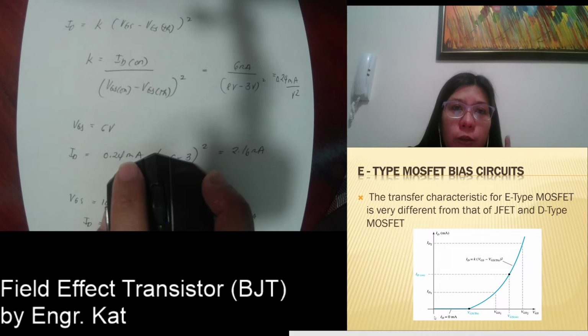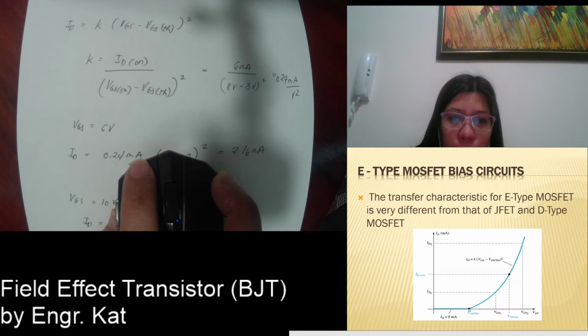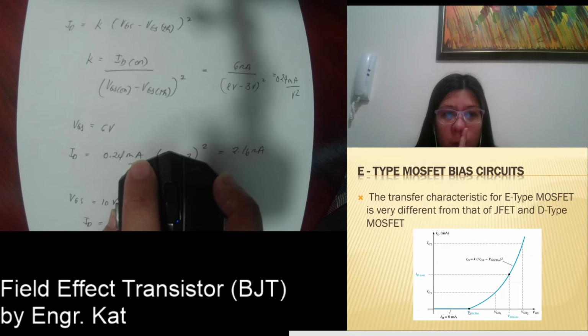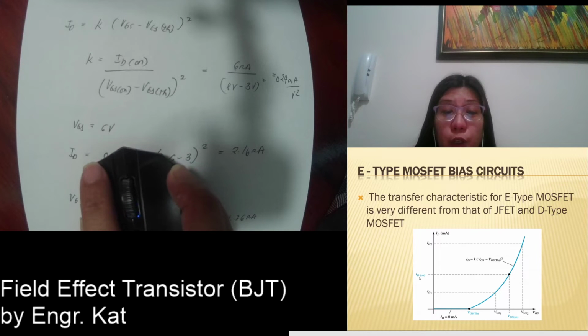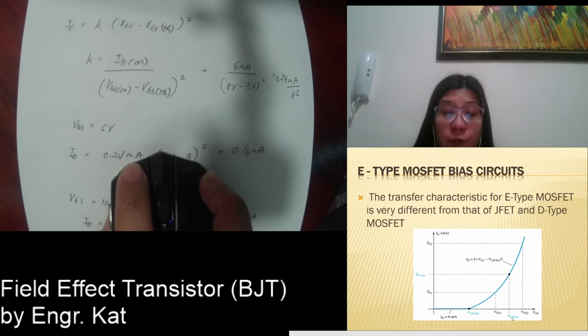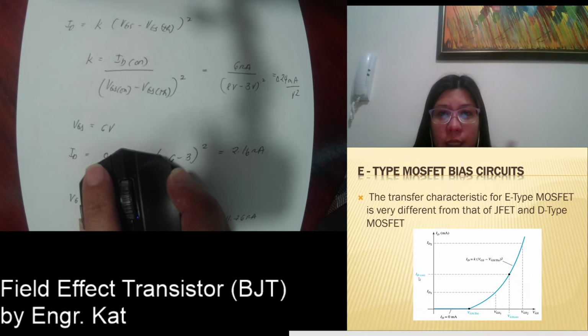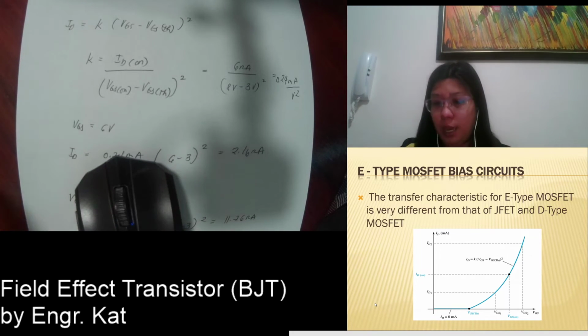So for your current to conduct, it should exceed your threshold voltage. Okay? So we have here a definition usually given in the parameter ID on with its corresponding VGS on. So what is your voltage so that your current is of this value? Okay?